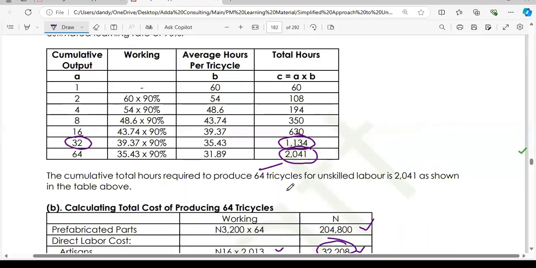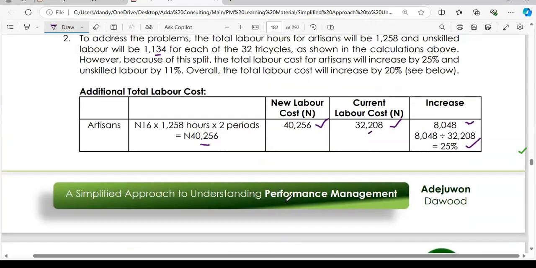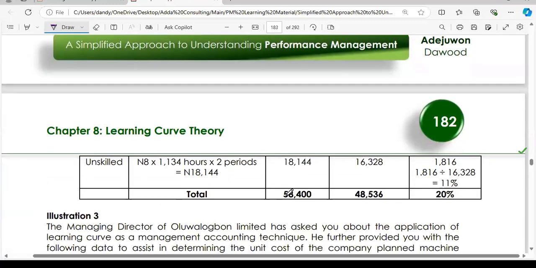You are also producing 32 tricycle in the following year, the same 1,134. That's 2 periods. The labor rate is 8 naira for unskilled. So 8 multiplied by 1,134 multiplied by 2.